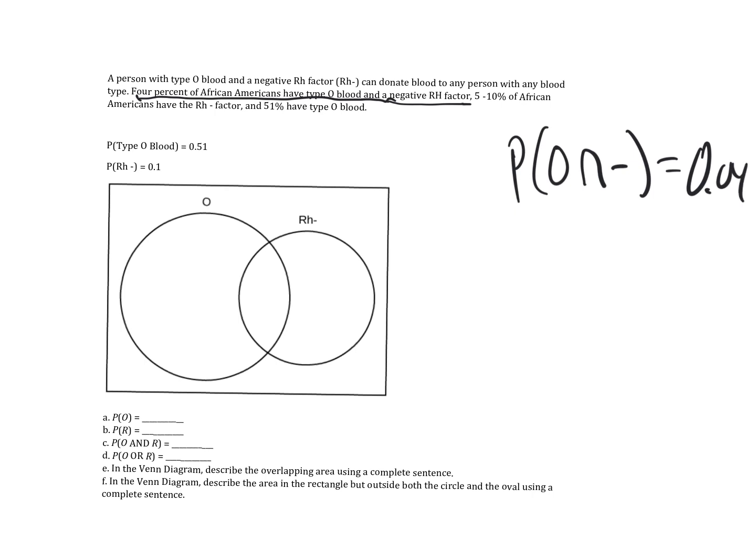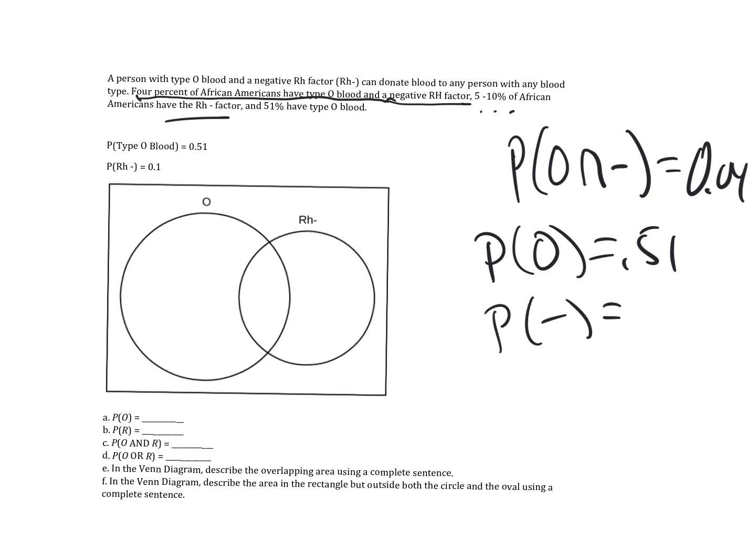And then the probability that somebody has type O blood is 0.51. Now that includes the people that are Rh positive and Rh negative. And then 5 to 10% of African Americans have the Rh negative factor, so the probability of negative equals 0.1.